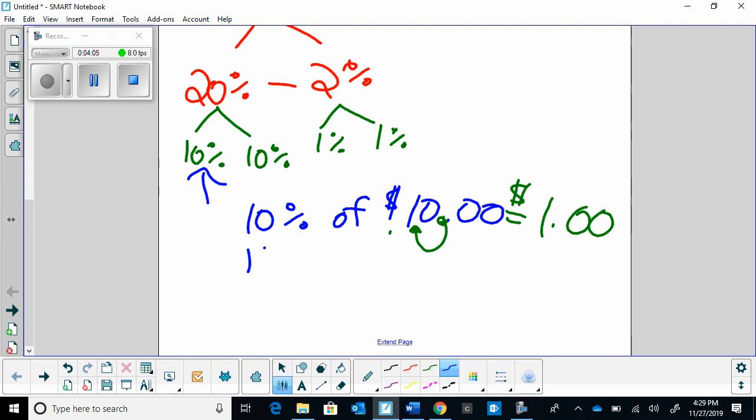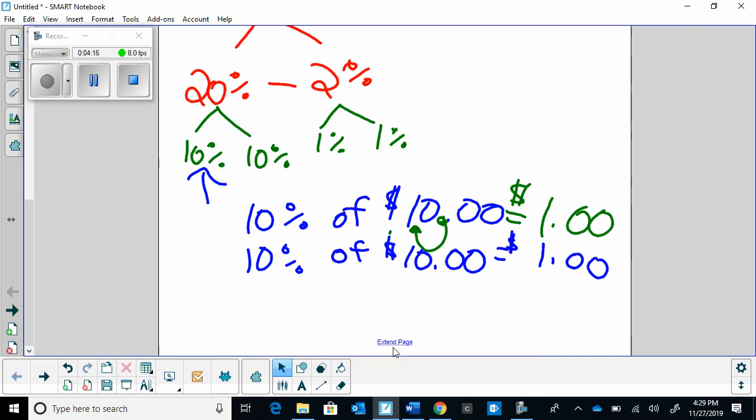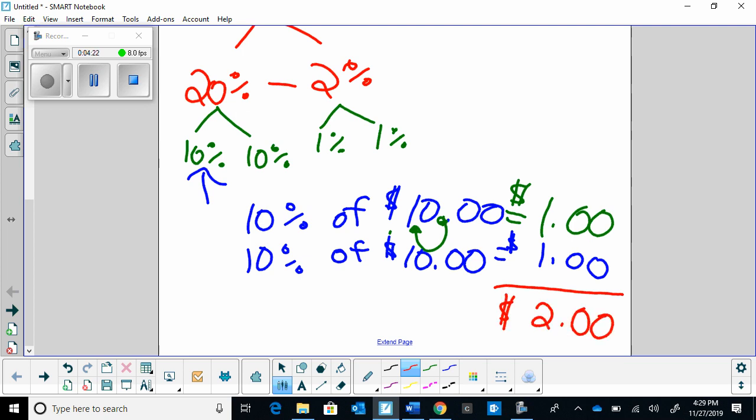So again, we need another 10%. That's going to give us 20% of $10, which again is going to be $1. So 20% in total is going to be $2. 20% of $10 is going to be $2.